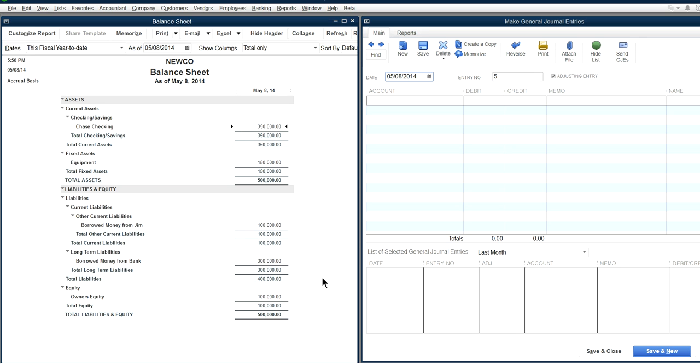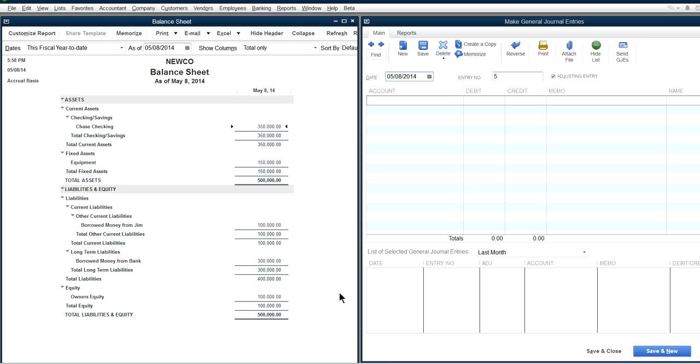We haven't decided to expense anything, and we don't have any revenue yet, we're just building. So basically, we have the bank account at $350,000, and equipment you added, and you borrowed money from your friend, and borrowed money from your bank, and then your own money you put in.